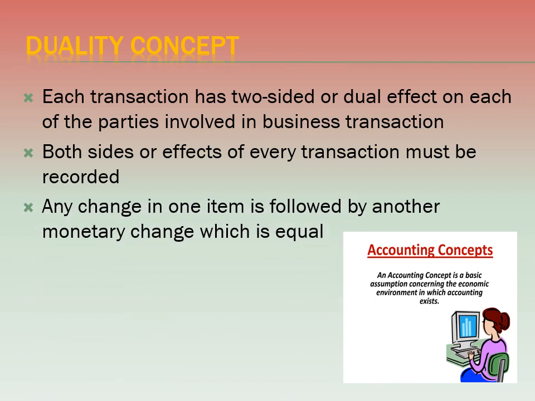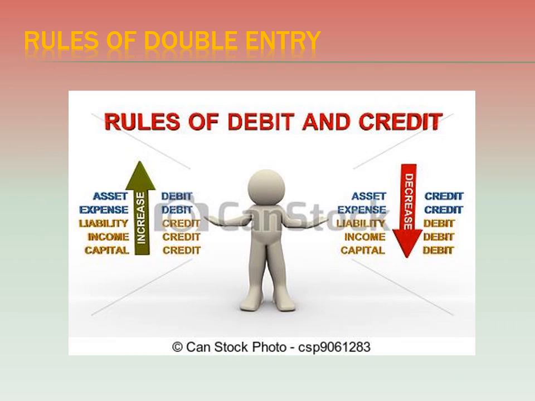Any change of an item will be followed by another change equal in monetary terms, because whenever there is an increase in an asset, there could also be a decrease in another asset.